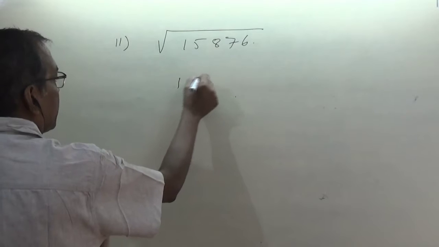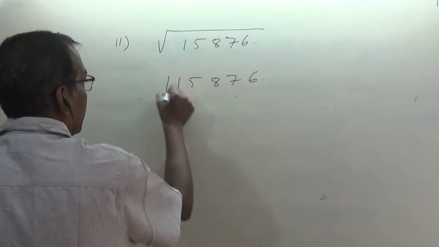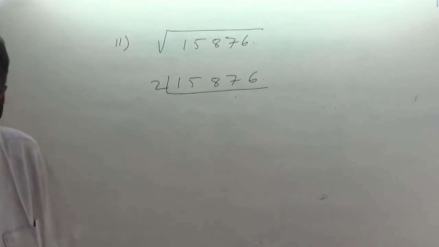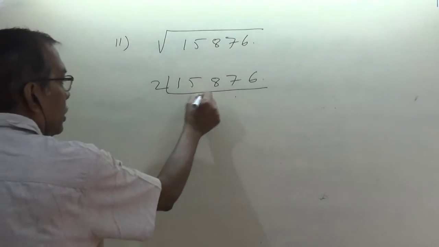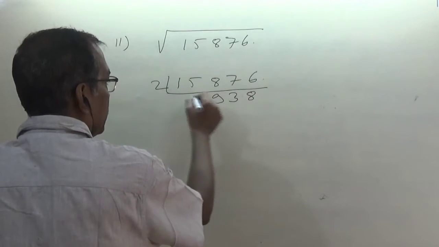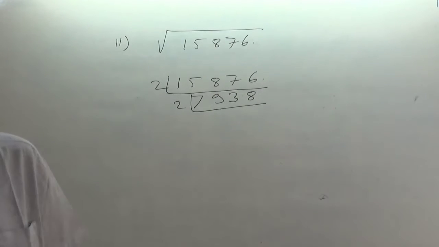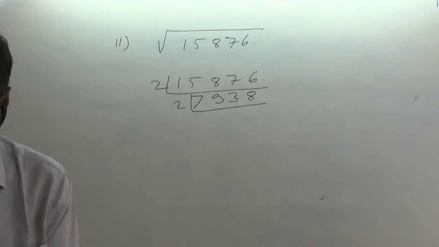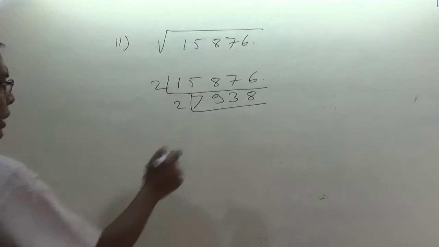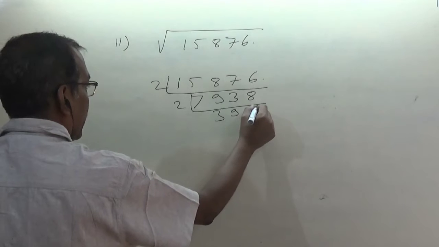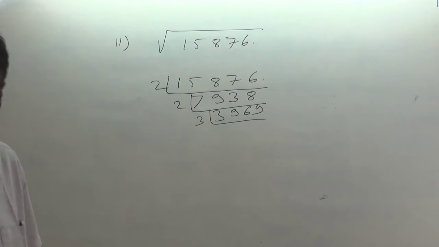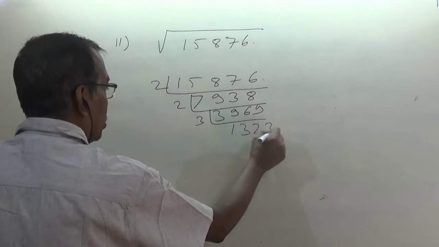Now, by the prime factorization method, divide this by 2. It will come as 7938. Again divide by 2. Again divide by 2, it comes as 3969. Divide by 3, it is coming 1323.